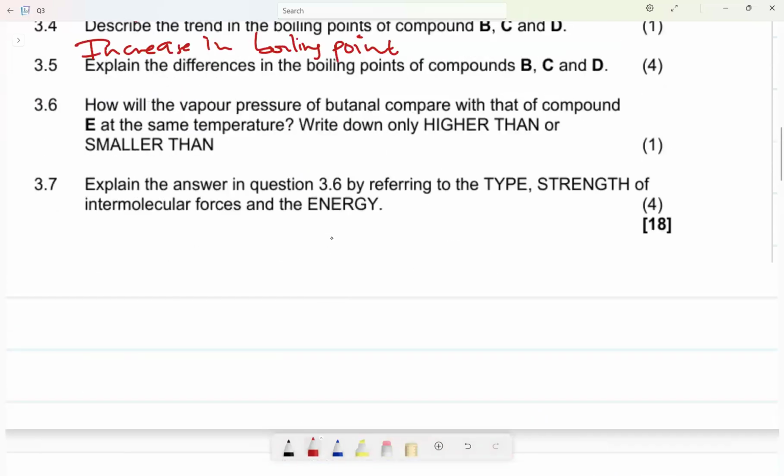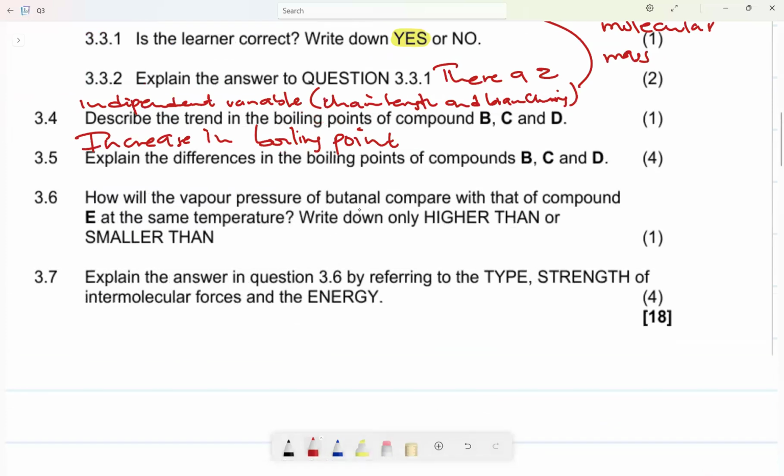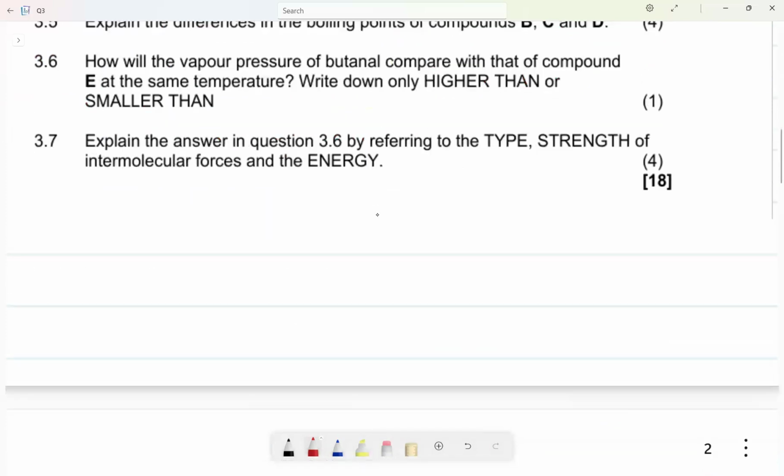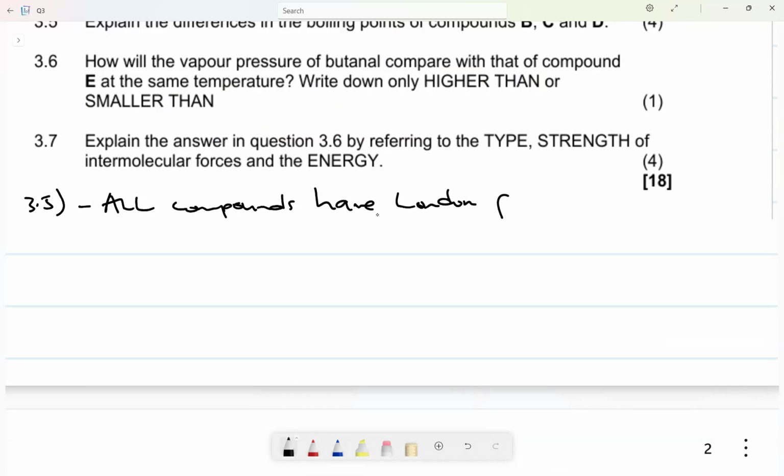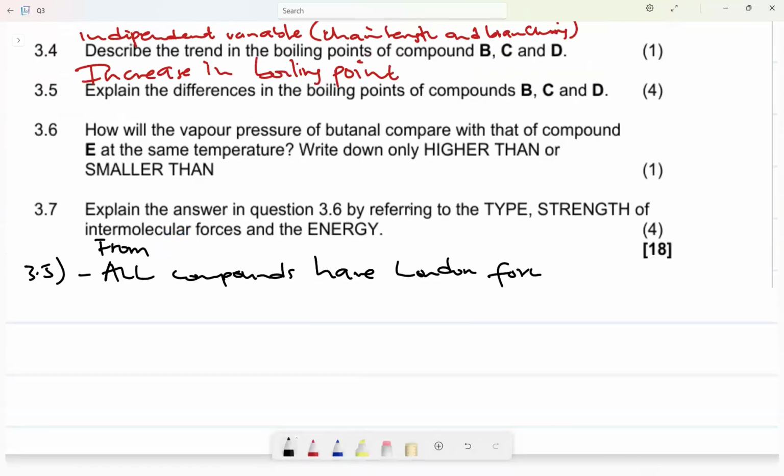So for 3.5, when we reason for 3.5, we're going to say all compounds have London forces, right? We are comparing from B to D. First thing, all compounds have London forces.